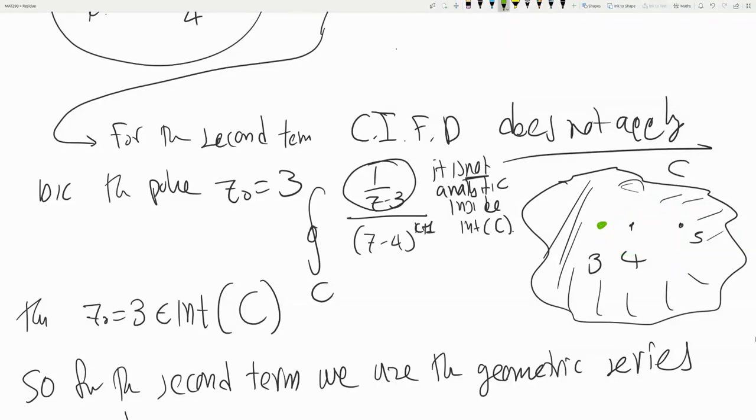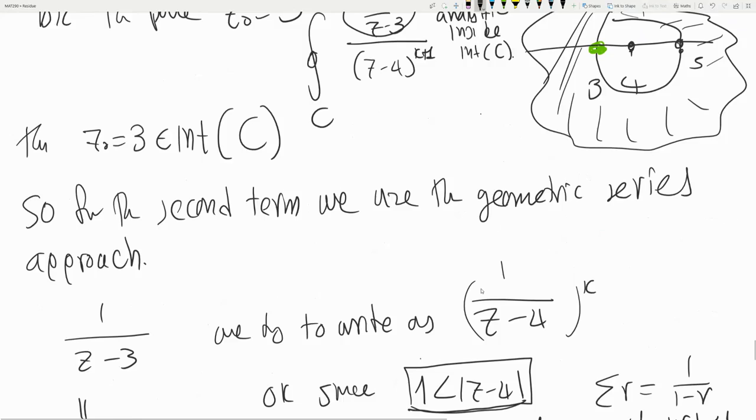So right, we have this pole over here, 3, and so we cannot apply the usual Cauchy integral formula. That's the difference.